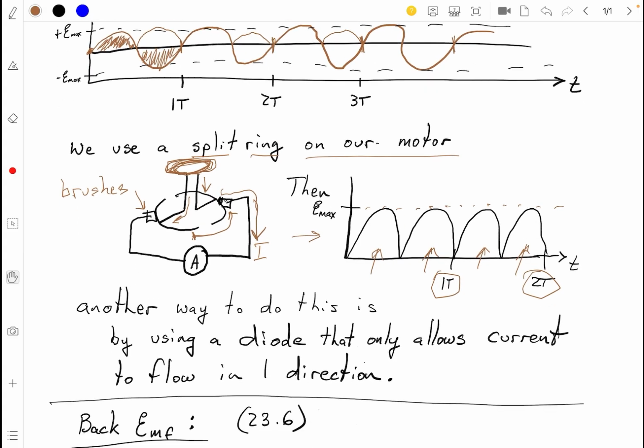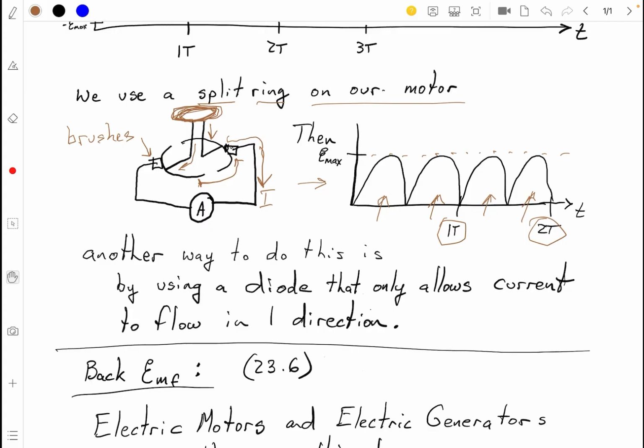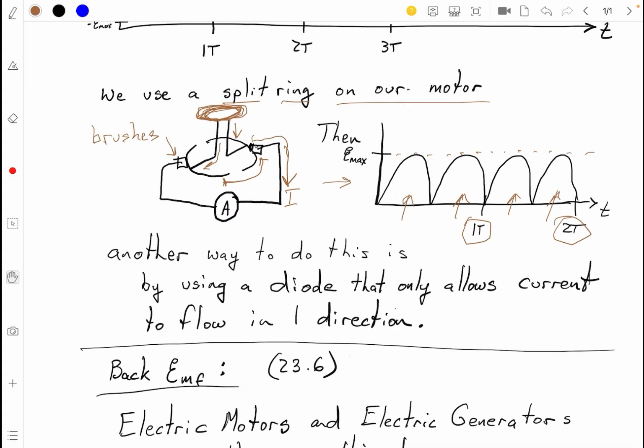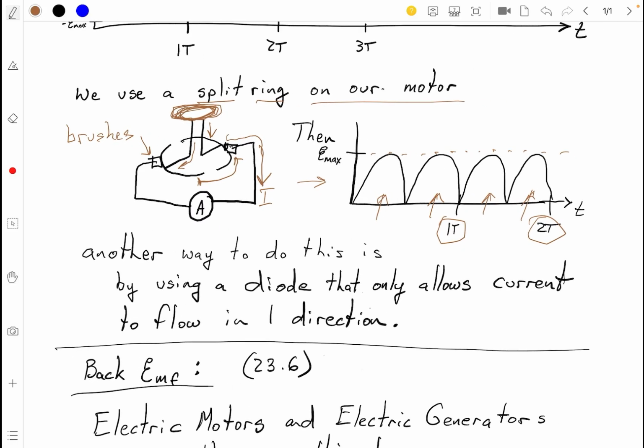Now there are other ways to do that, of course. There's a digital way to do it, and that means using a diode. A diode looks like this in a circuit. And this diode is saying, I'm only going to allow current to go in one direction.